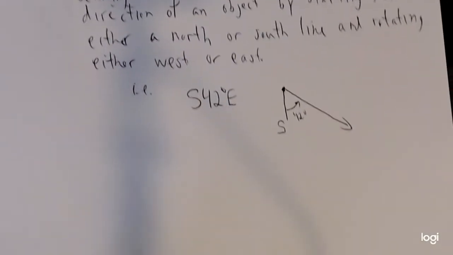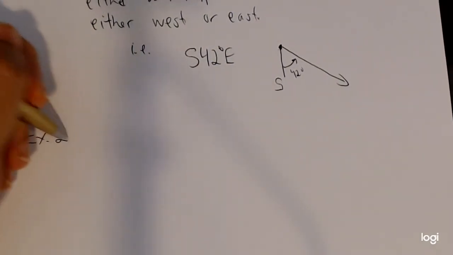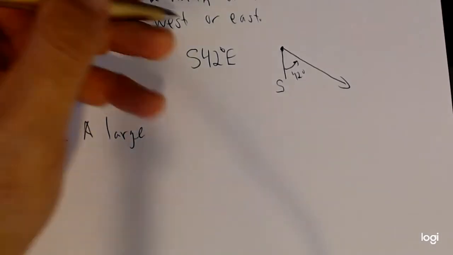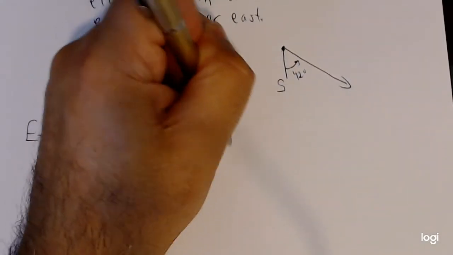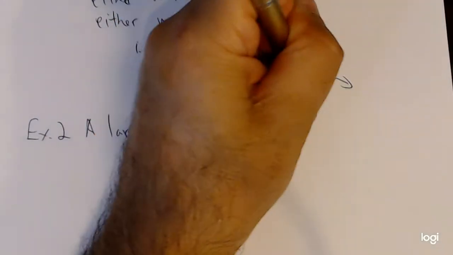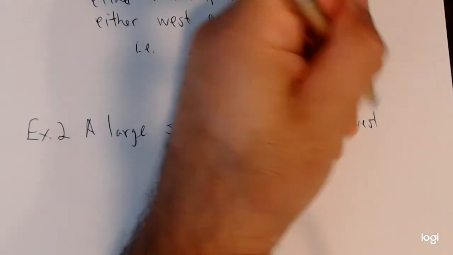So let's do an example to see how it would look in a word problem. We have a large sign that spans an east-west highway.